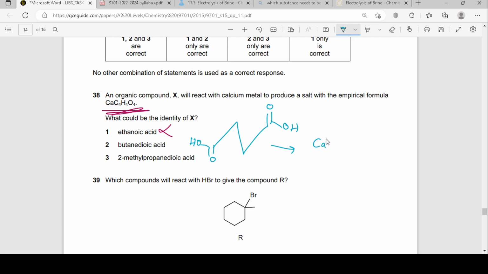So I will basically get the calcium salt, OOC... COO Ca, and obviously I'll get H2 as well. Okay, so if I react with calcium metal, is that the same as CaC4H4O4? So I have Ca, and then I have 1 2 3 4 O4.